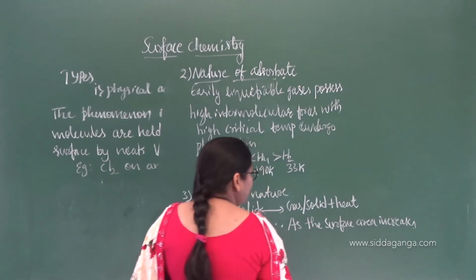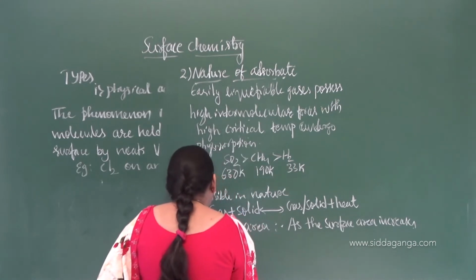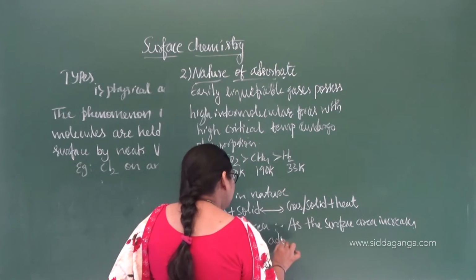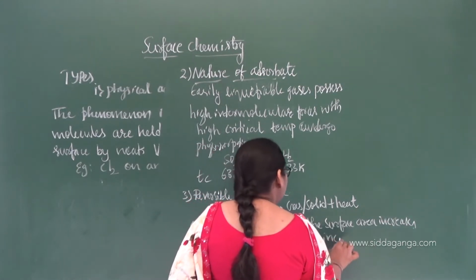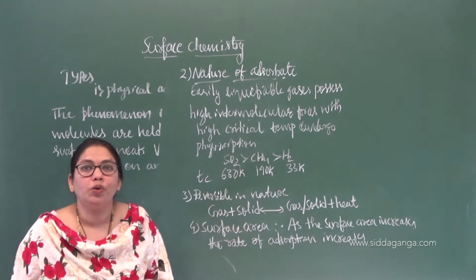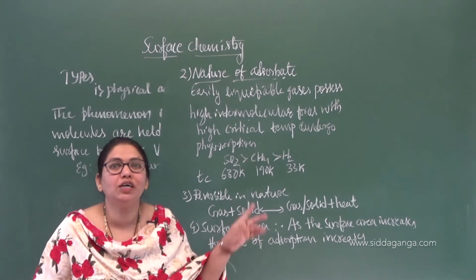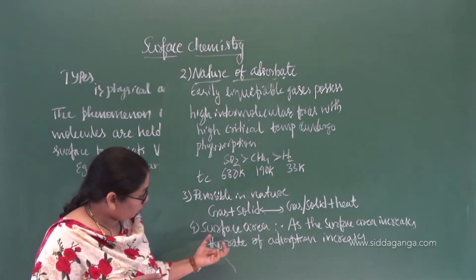Because if the surface area is more, then what happens? There will be availability of more space for the adsorption of the gas. So we can quote one point here.